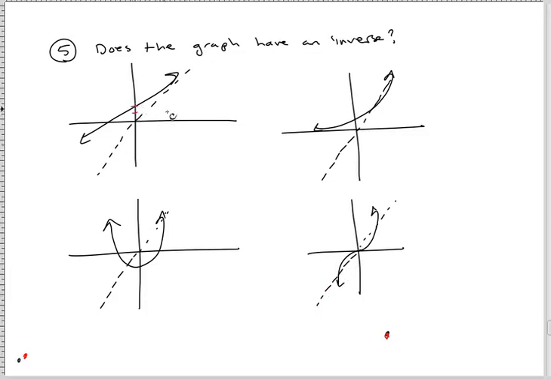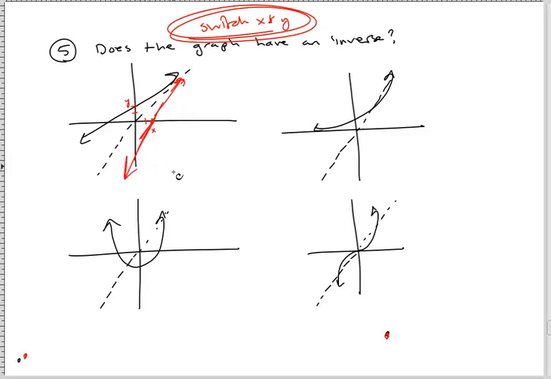Let's just say that this was 2, and so I'm going to do right here 2. Notice that we had a y equals 2, now we have an x equals 2. Didn't I just switch my x and y? Wasn't that from the formula before to find an inverse? See, there's patterns everywhere. There we go. So this red line, is that a function? Yes.